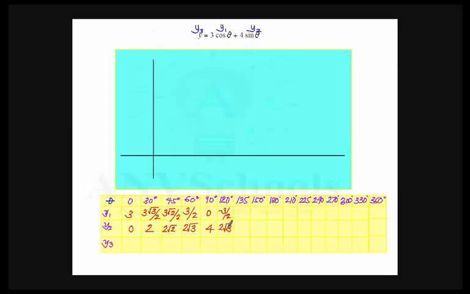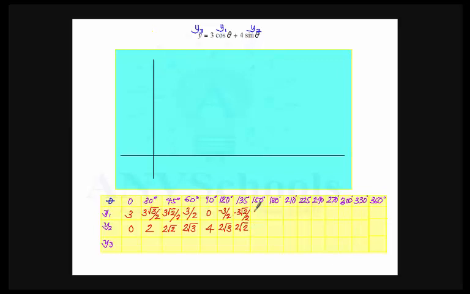For 135, that would be in the second quadrant where our sine is positive and our cosine is negative, so this would be negative 3 square root of 2 over 2, and for the sine it would be positive, so we have 2 square root of 2. For 150, the reference angle is 30 degrees, so we have to have this value.